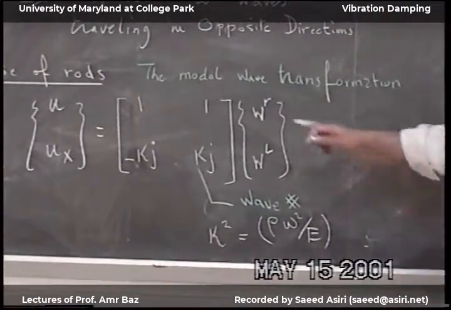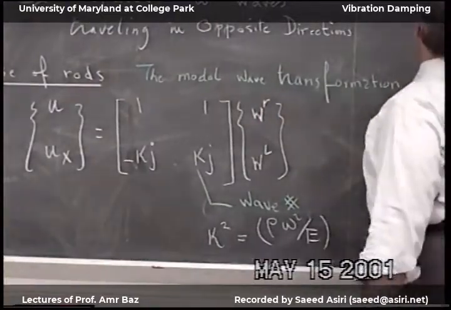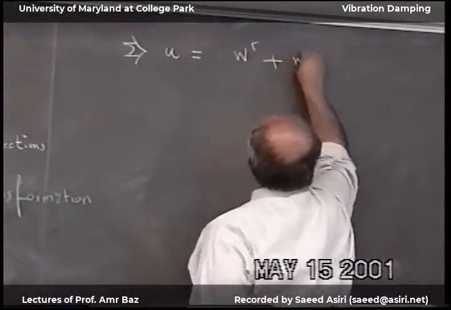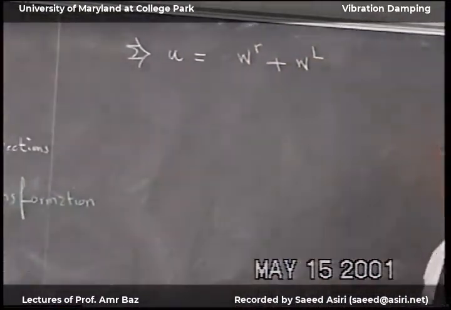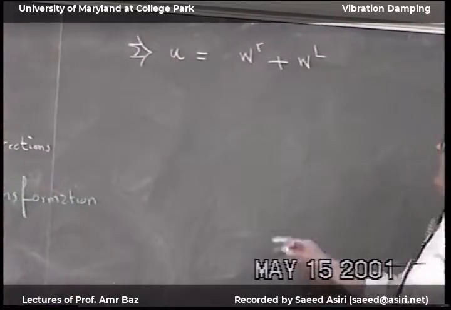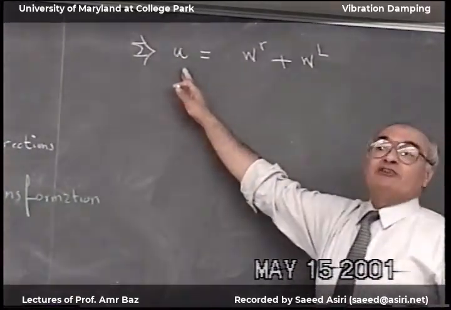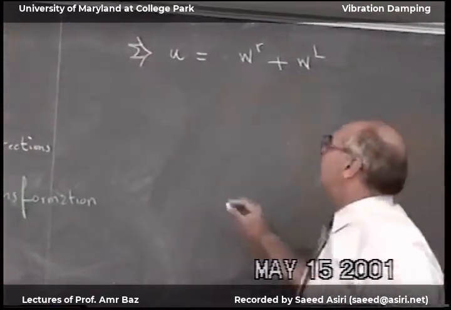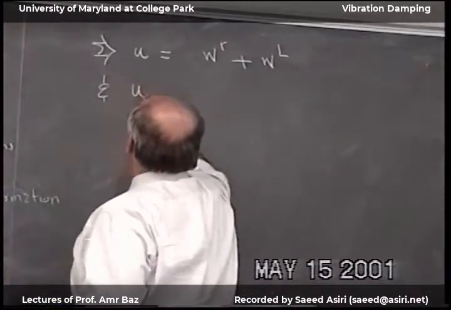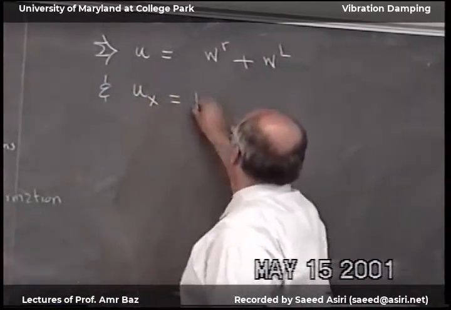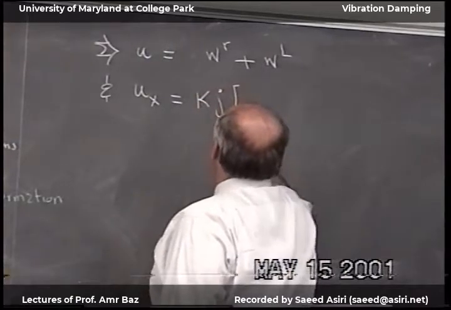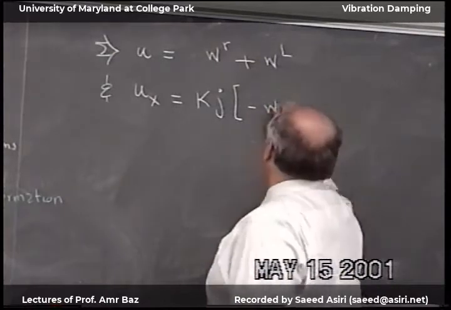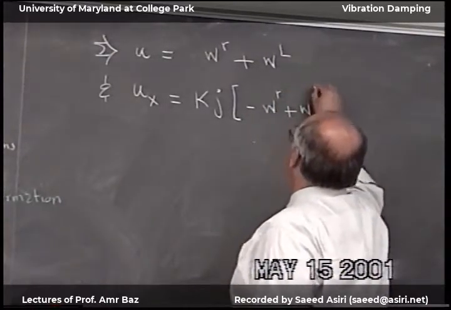And if I expand the top equation, this says that the deflection in general is made of two components, one traveling to the right, one traveling to the left, and the strain is made of the wave number minus, this line, WR plus WL.